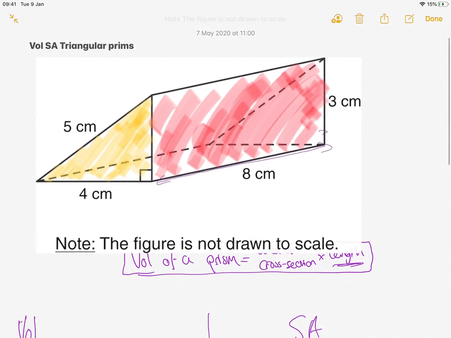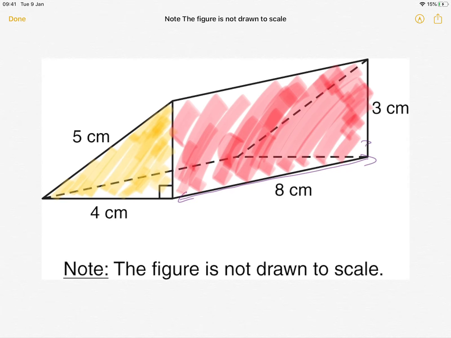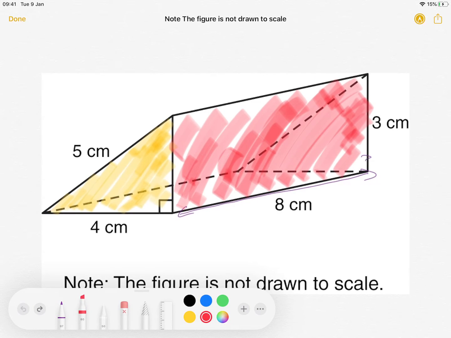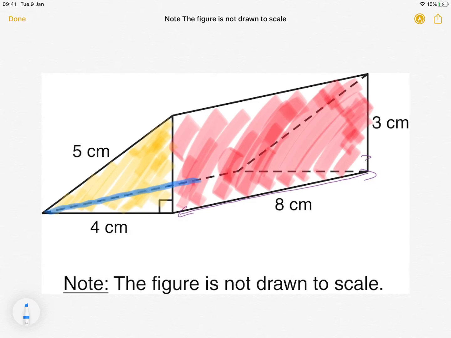Right, the bottom is, let's do it in a different colour. The bottom is this face here. So if I look at my dimensions of that triangle, which I think is the trickiest thing, well, what are those lengths?